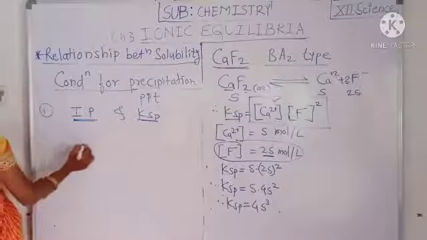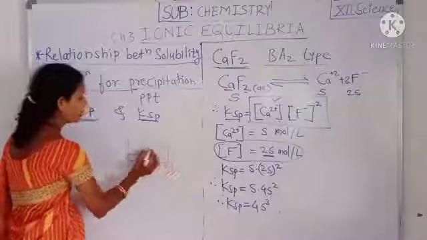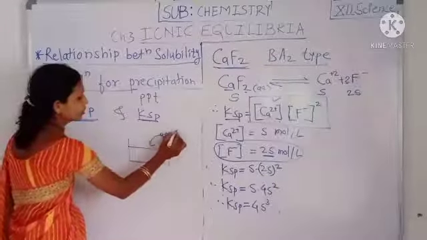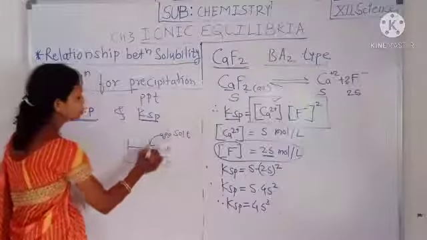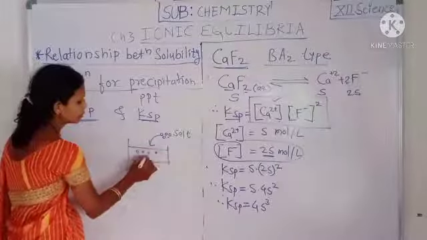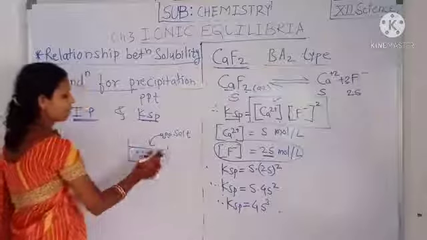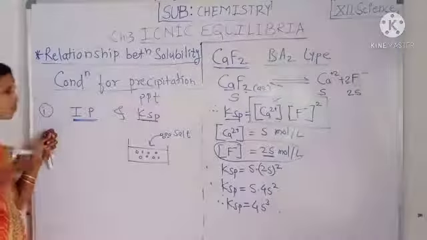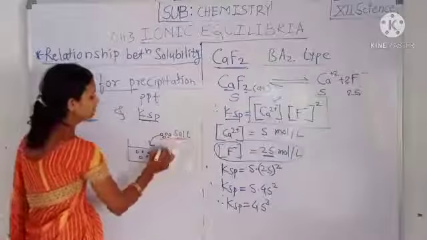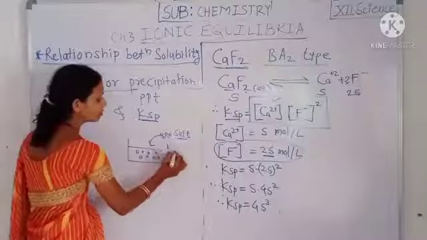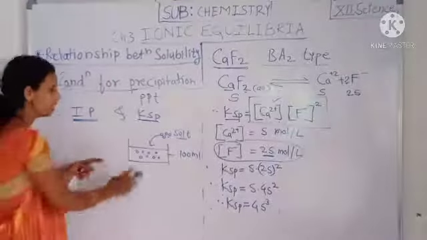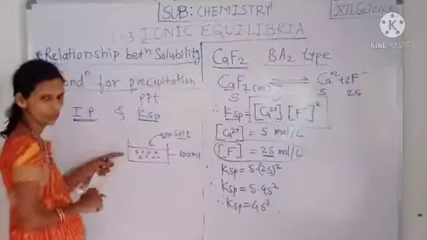When a few moles of sparingly soluble salt are dissolved in a given amount of water, that solution is a dilute solution.